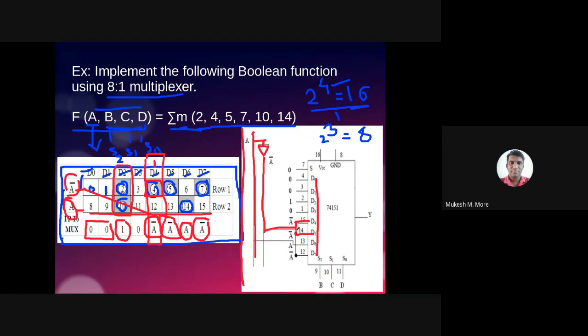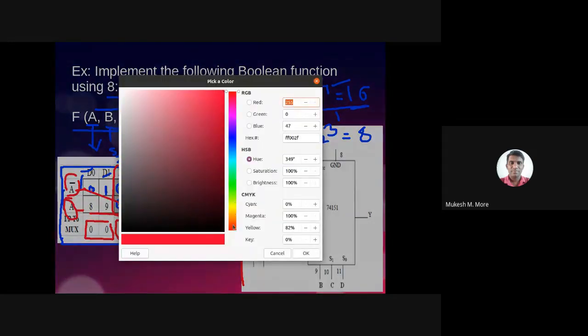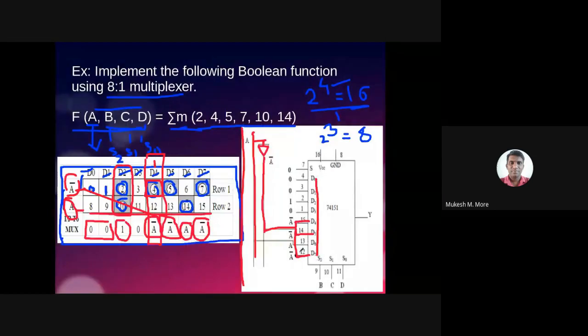And last, A bar to the D7. And where to attach A? Now see, in the D6 column there is an A. So attach this A to the D6.